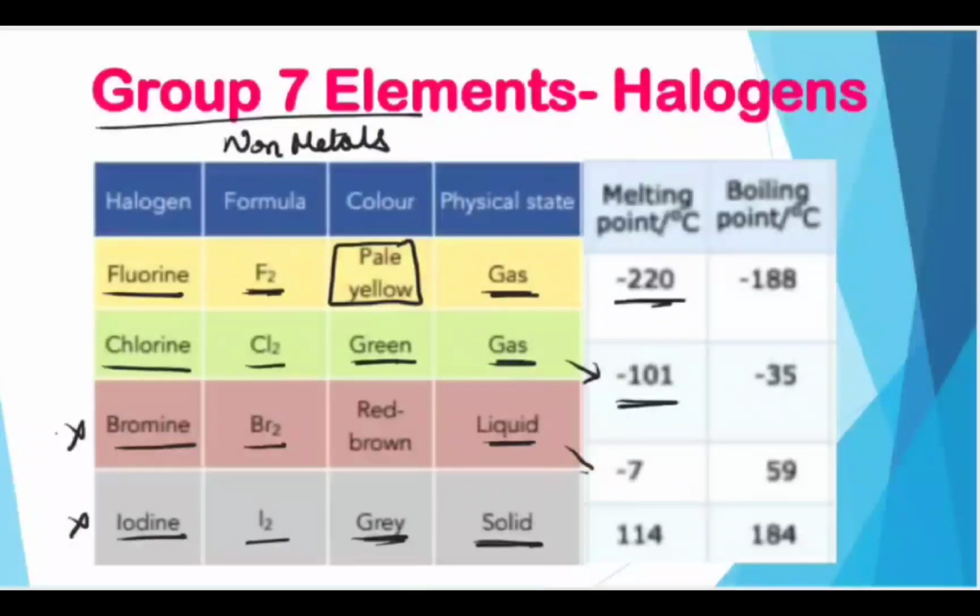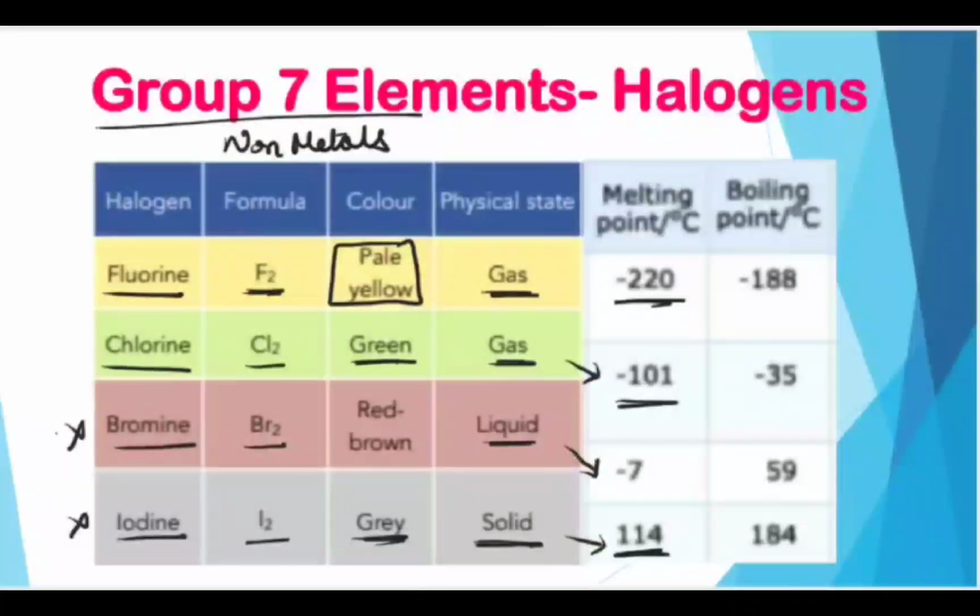Bromine is liquid at minus 7, or below minus 7 also, and iodine apparently turns into liquid when you heat it up to 214 degrees, then it turns into a liquid.